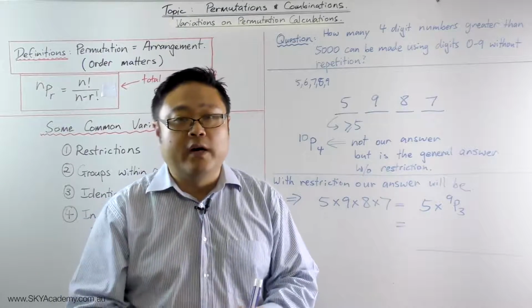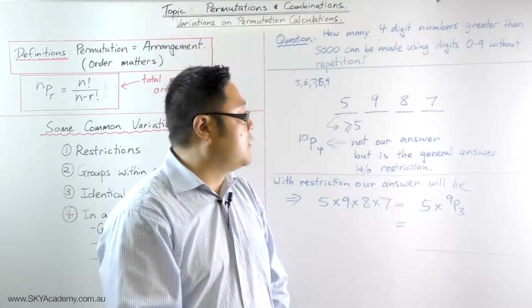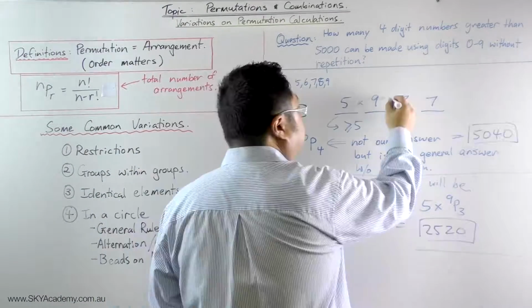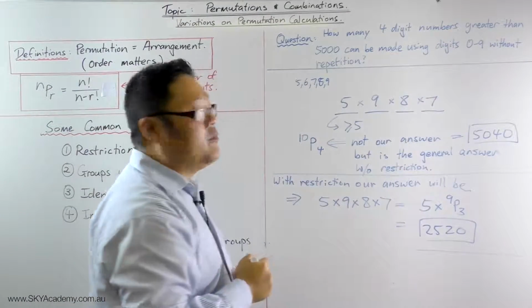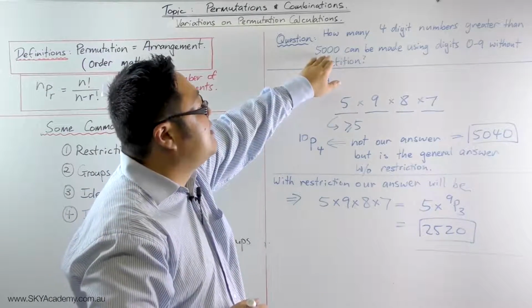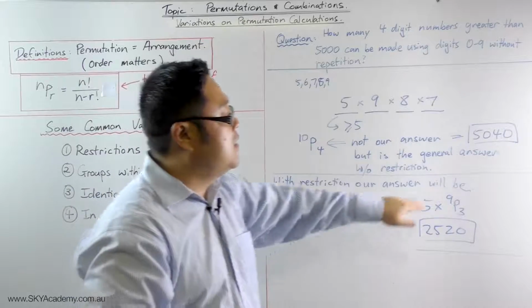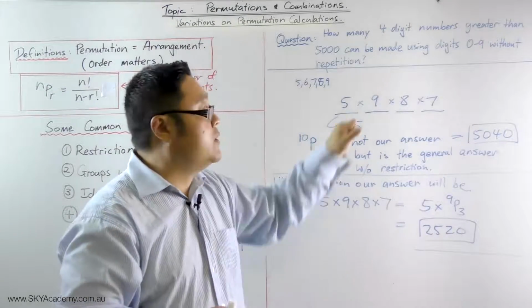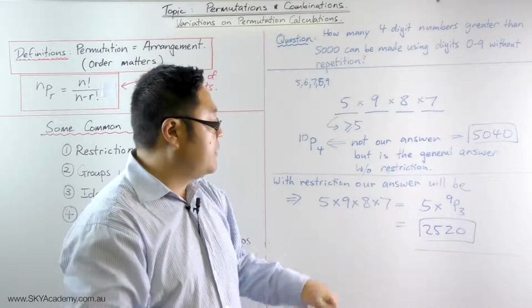Let me quickly work it out on our calculator, and then I'll tell you what the answer is compared to what we have here. Without restriction, in other words, if we weren't restricted by the fact that the number had to be over 5,000, we would have 5,040 possible 4-digit numbers that we could create.